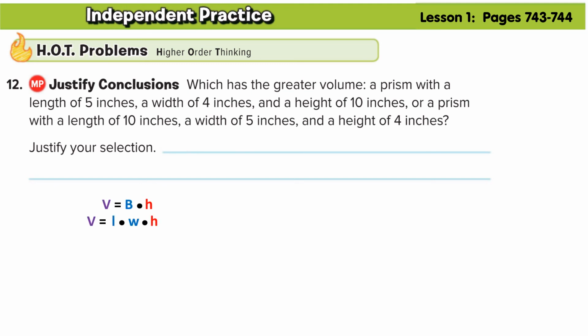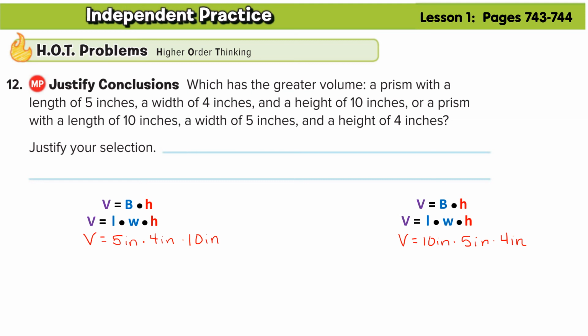So for our first problem, we have 5 inches times 4 inches times 10 inches. And in our second prism, we have volume equals 10 inches, 5 inches, and 4 inches.